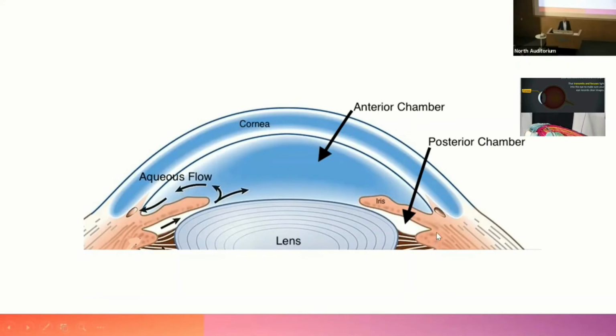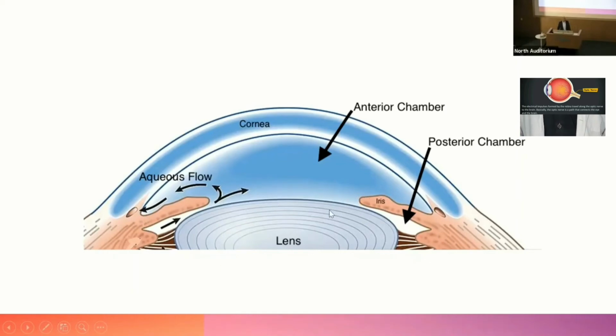Aqueous humor is created by the ciliary body, which is also the posterior extension of the iris, but creates aqueous humor and pumps it out into this little area, which is called the posterior chamber. And the aqueous humor then enters the anterior chamber, fills the anterior chamber with clear fluid, and drains out through something called the trabecular meshwork. So that's a flow of fluid within the eye, okay? It's like the irrigation system of the front part of the eye.